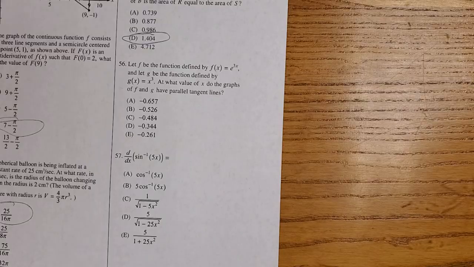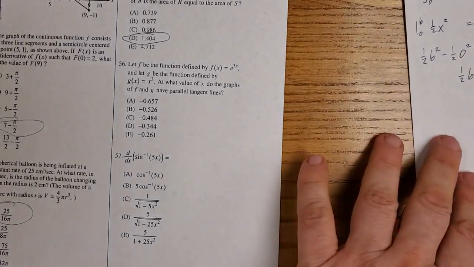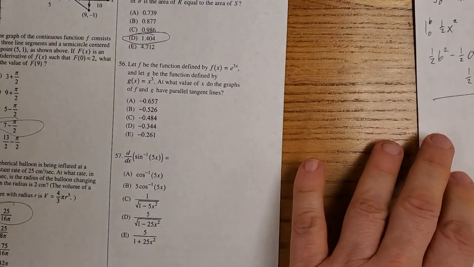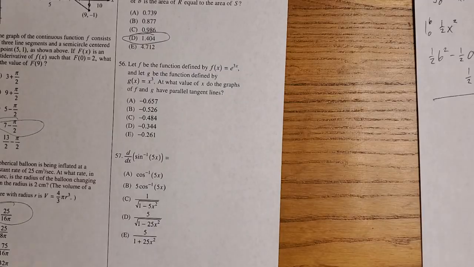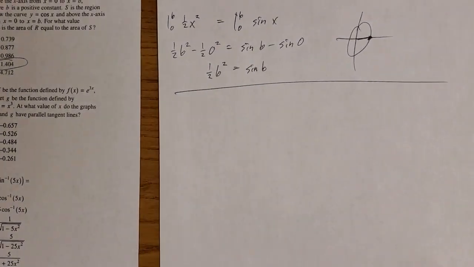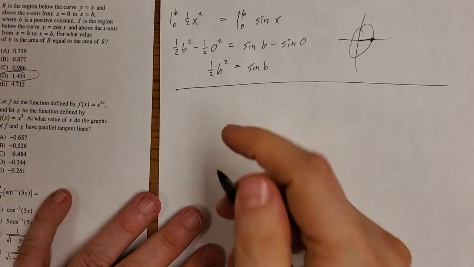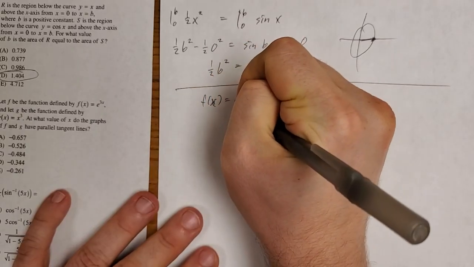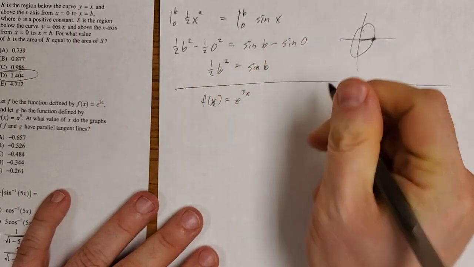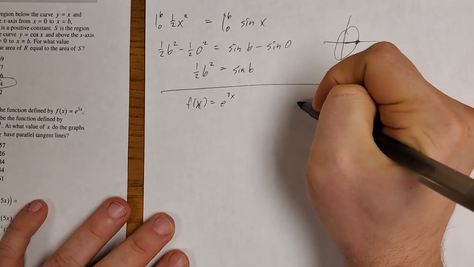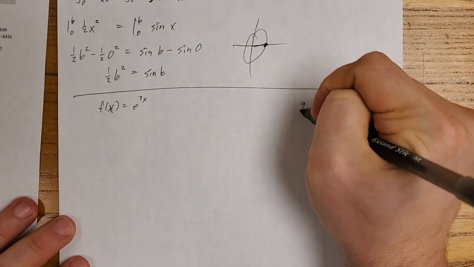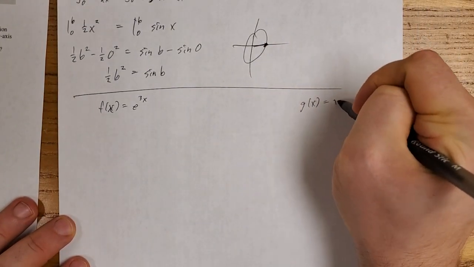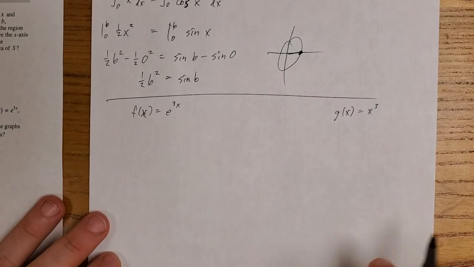So we are going to work with it on that basis. We have f of x equals e to the 3x, and the other one is g equals x cubed.